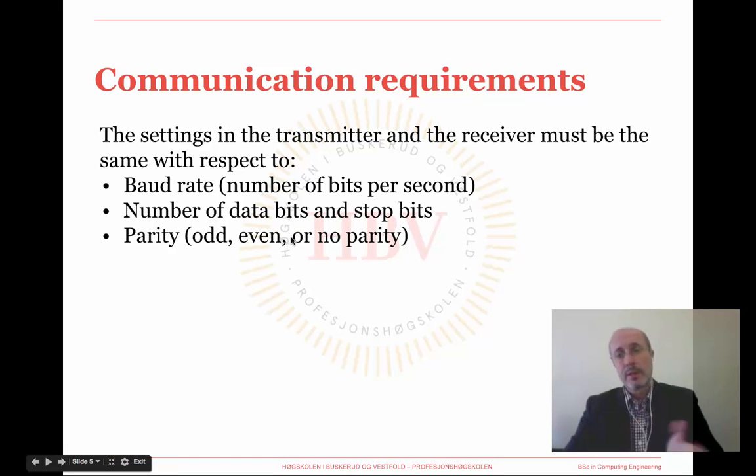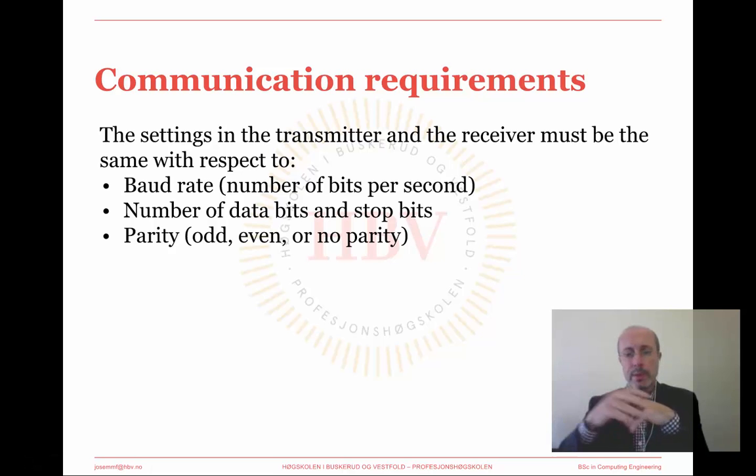The existence or not of parity and its type, if it exists, which can be odd or even, as indicated in this slide, and the total number of stop bits, which according to the standard can also be defined as 1, 1.5 or 2.